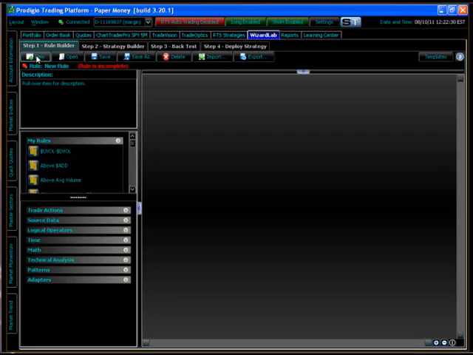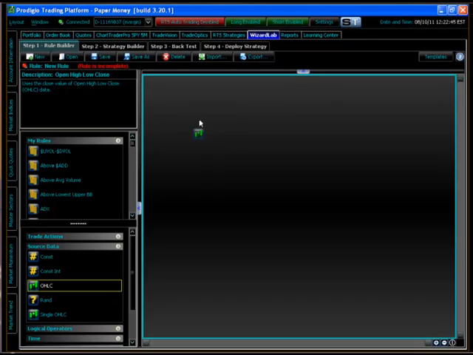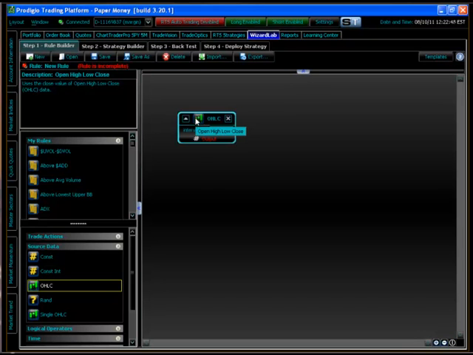And the way that you build this in Rule Builder, in Wizard Lab, it's a series of steps where the first step is Rule Builder. On the left-hand side you have a series of studies. And you drag these studies out onto the canvas and you will connect these together. And what this does is it defines how the system should calculate the technical analysis and how it should join those calculations together using logic in order to create signals.